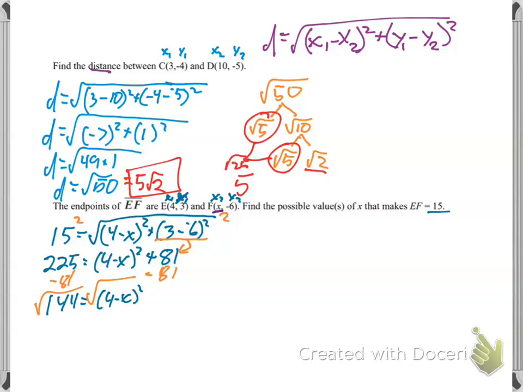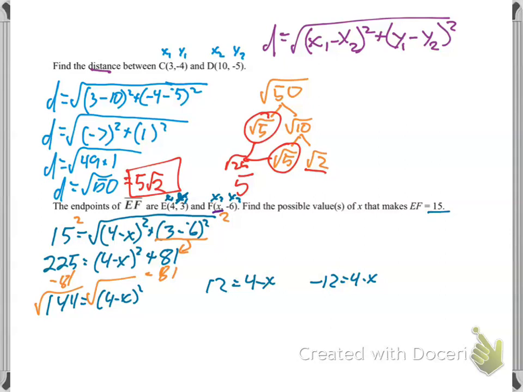Remember, when you square root a number, you get two answers every single time: a positive answer and a negative answer. So the square root of 144 could be 12, which would then equal 4 minus x, or it might be negative 12 equals 4 minus x. Because remember, a square root gives you a positive and a negative.